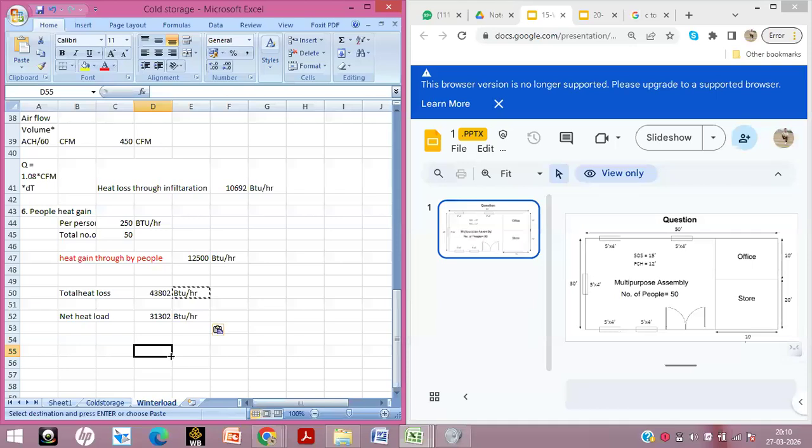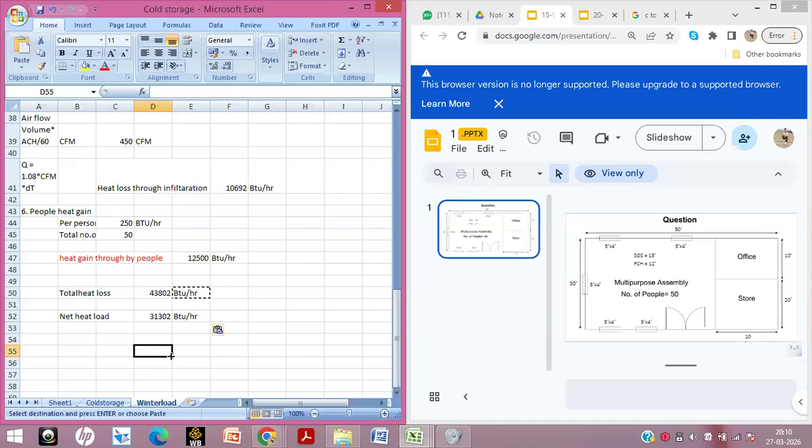So now our ultimate thing to be designed is, for this much load, our heating element. How can we size that particular heater?